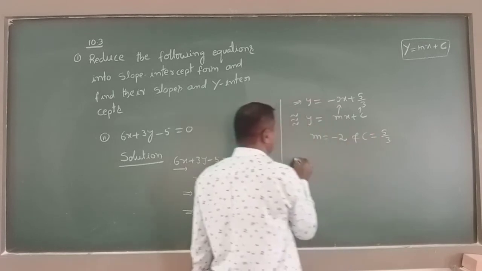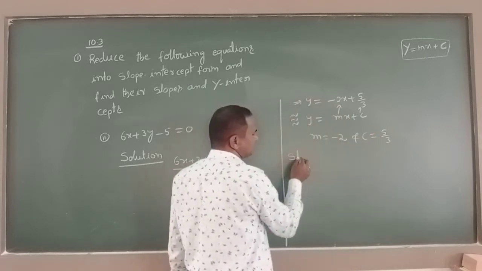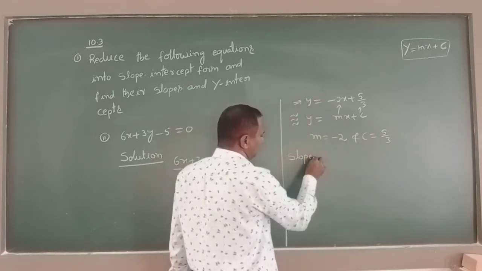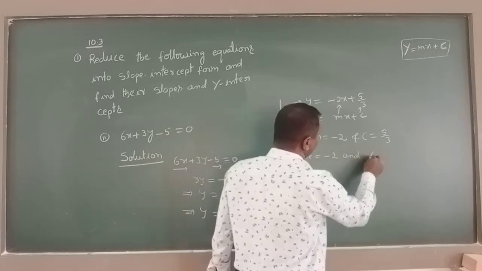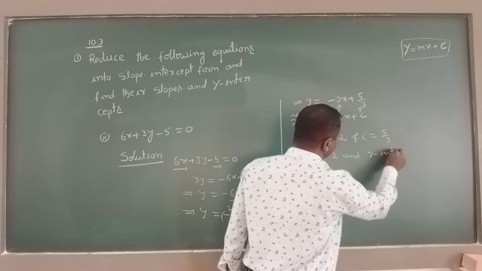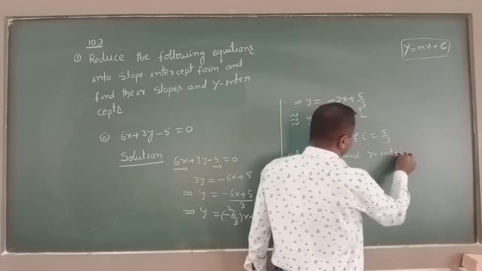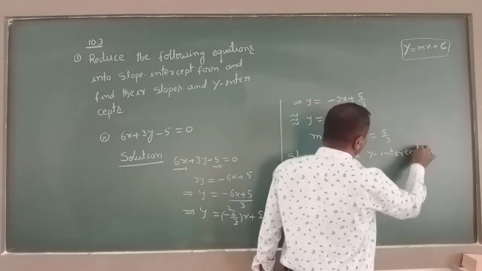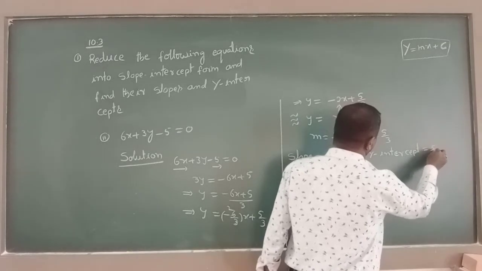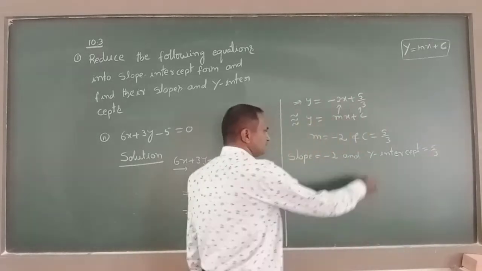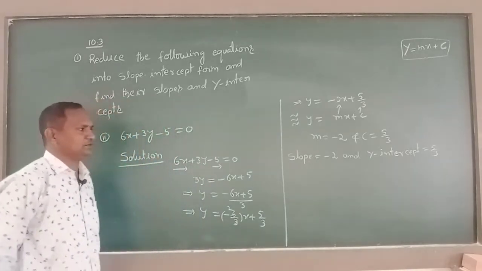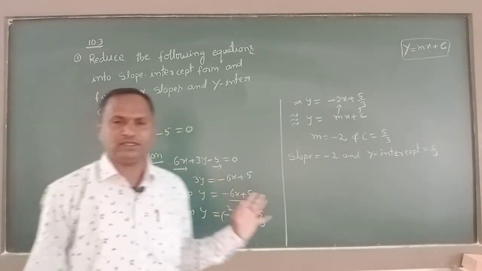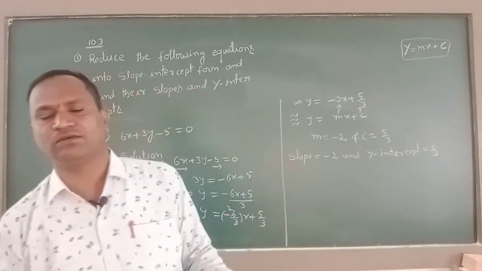That means in words, slope is equal to minus 2 and y-intercept is equal to 5 by 3. Like that, we are finding slope and y-intercept.